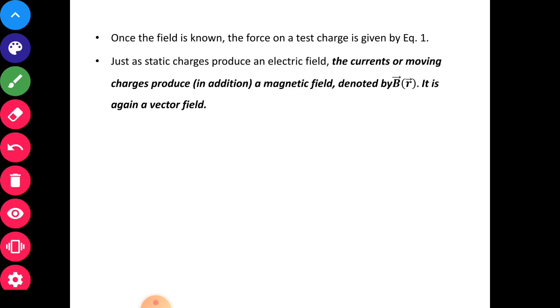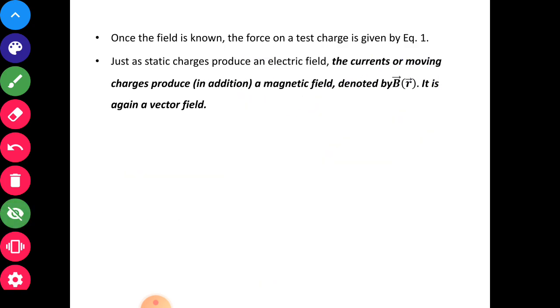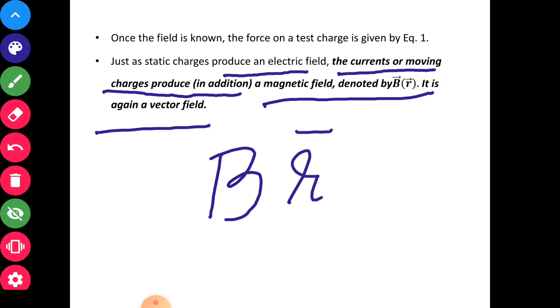Just as static charges produce electric field, now try to understand, stationary charges are producing electric field. The current or moving charges produce in addition a magnetic field which is denoted by B(r), that is the magnetic field at a point whose position vector is r.